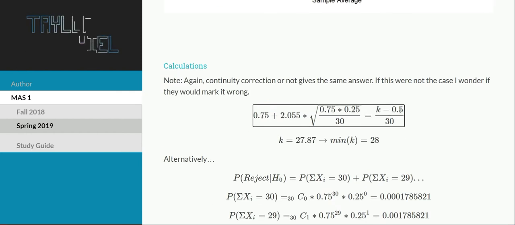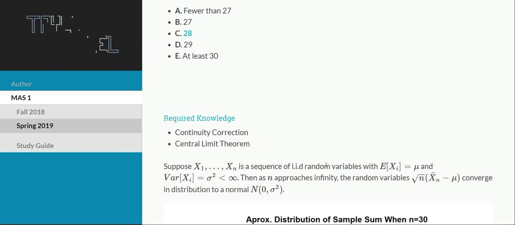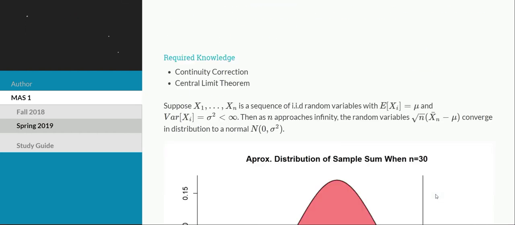So that's why it's k minus 0.5. And then all of that divided by 30. So here we're just solving for k. We get 27.87. And then if we go back to the beginning of the problem, we see that we want the smallest value of k such that the significance will be at most 0.02.